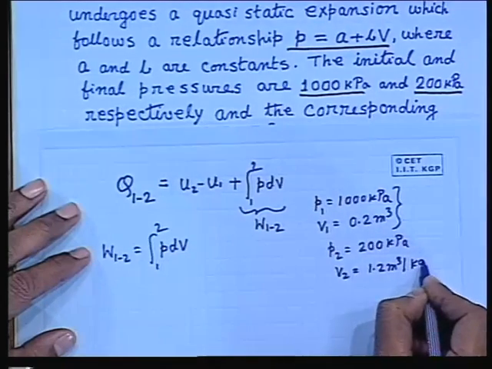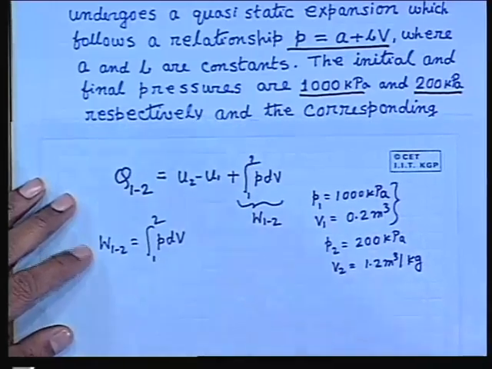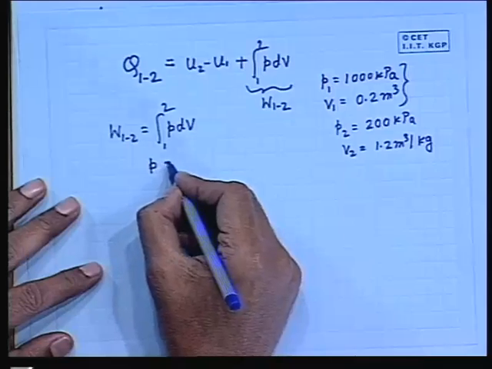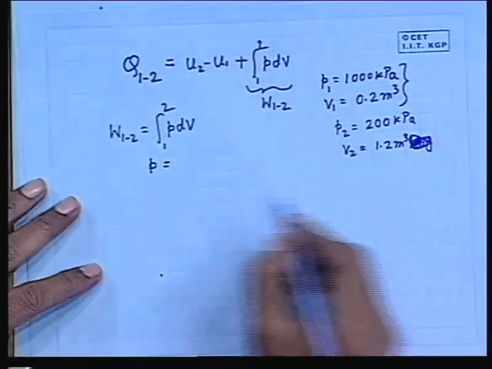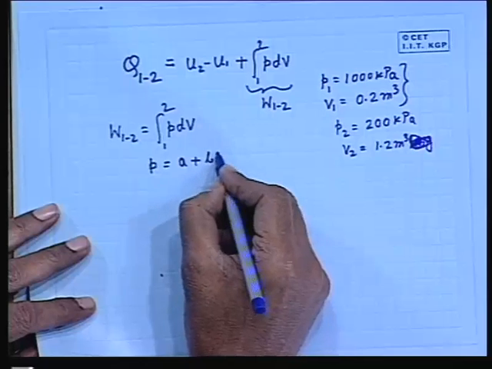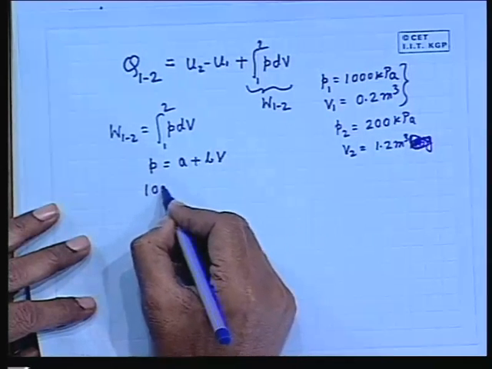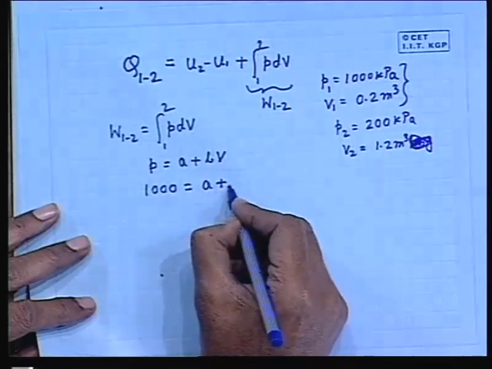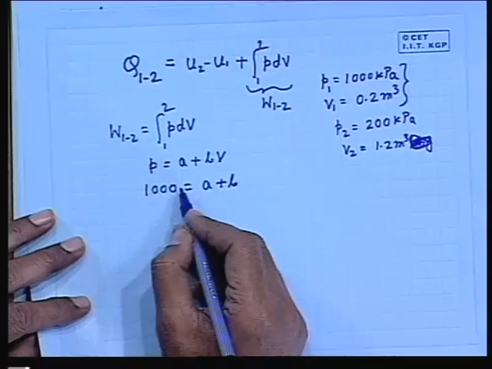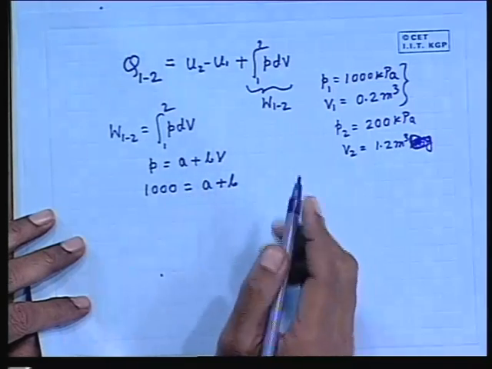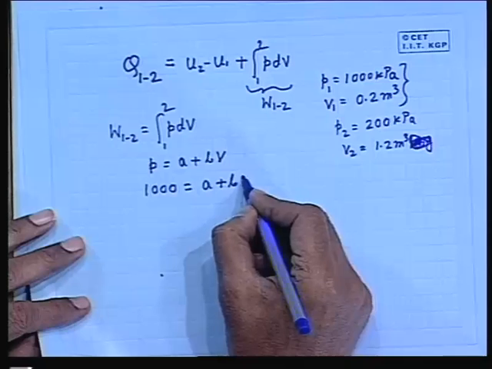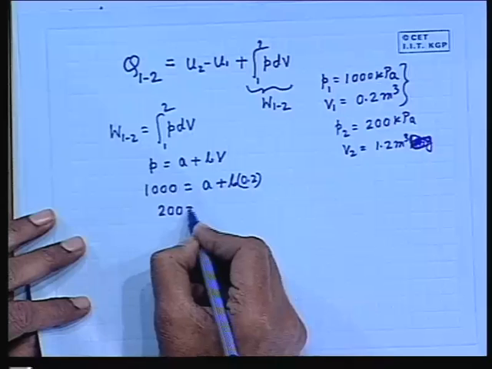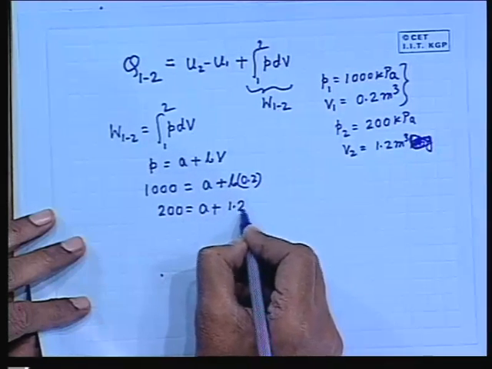Now, if you substitute this, not meter cube per kg, only meter cube, very good. P is equal to A plus BV is the relation. That means we will write 1000, in kilopascals, accordingly the unit will come, equals A plus B into 0.2, because I am not converting it into pascals by multiplying with 10 to the power 3 unnecessarily, the number will be very high. V is in meter cube. And then we write 200 is equal to A plus 1.2B.